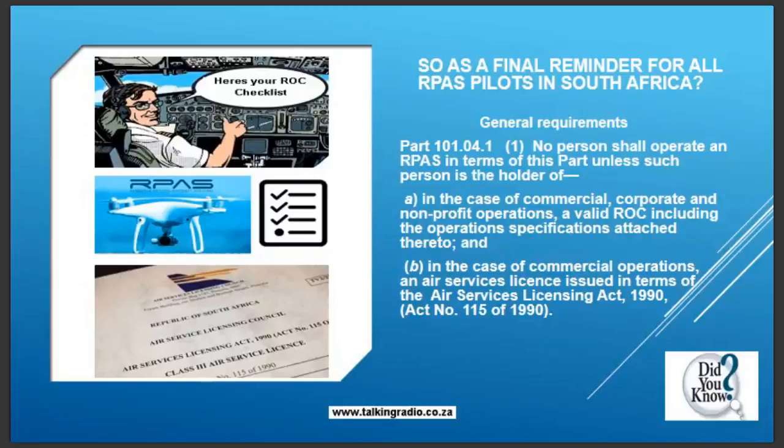In the case of commercial, corporate and non-profit operations, a valid ROC including the operation specifications attached thereto, and b. In the case of commercial operations, an air service license issued in terms of the Air Service Licensing Act 1990, Act number 115 of 1990.